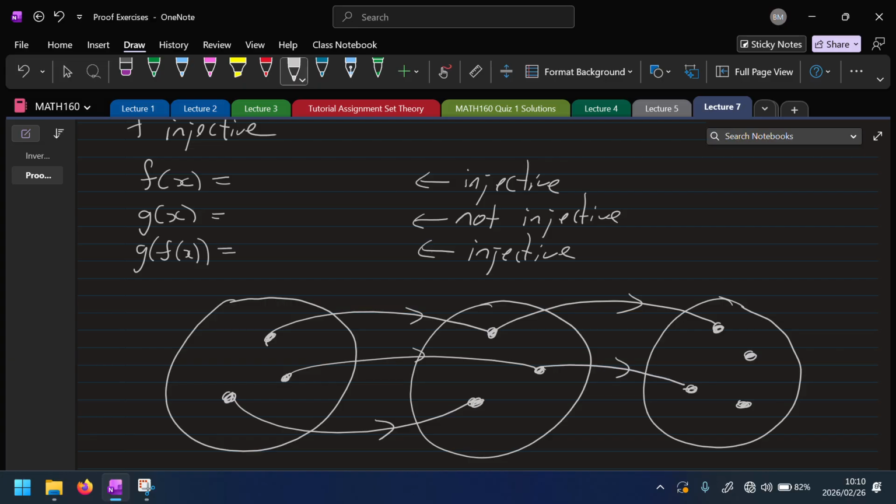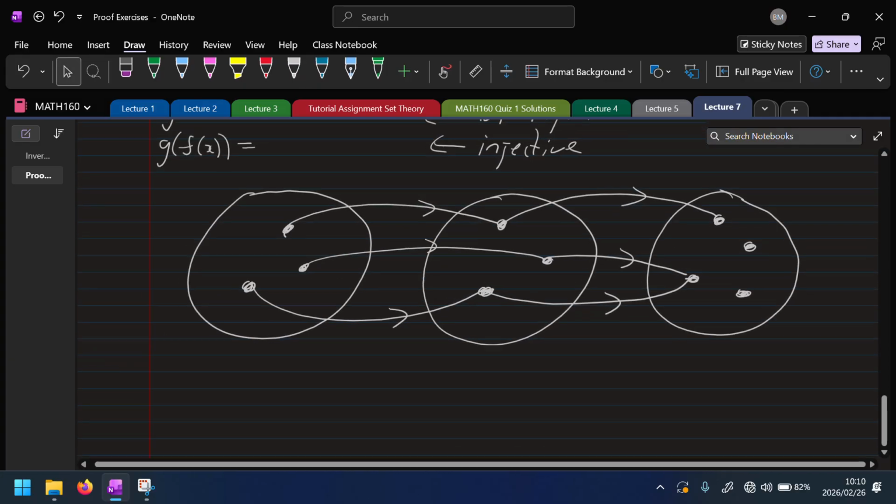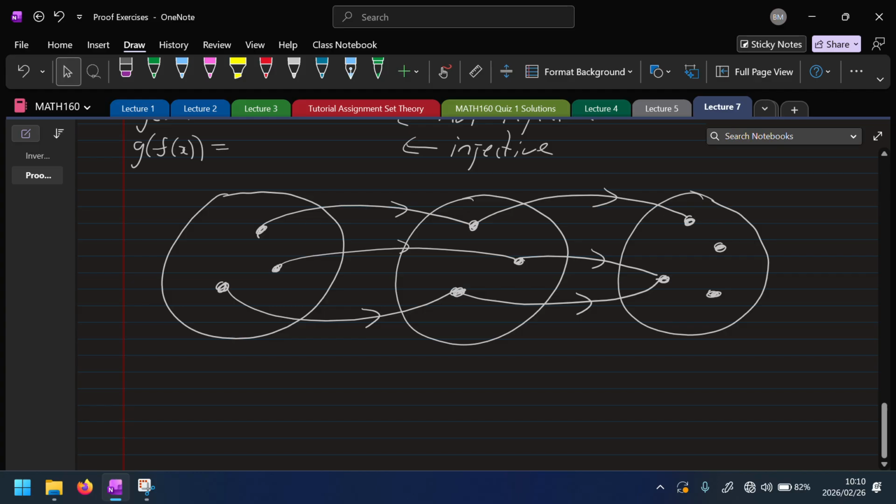Remember, we're aiming for something not injective. So it needs to be one of these two that we chose already. So let's pick over here. So this is just some example. Let's check. Maybe it works, maybe it doesn't. We'll fix it up a bit in the next picture.